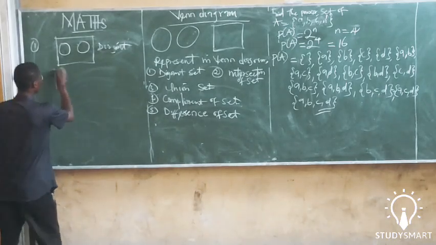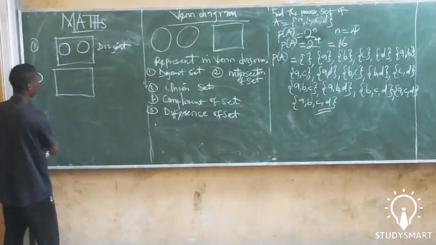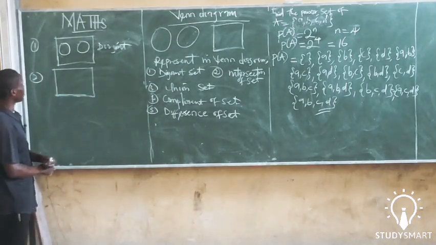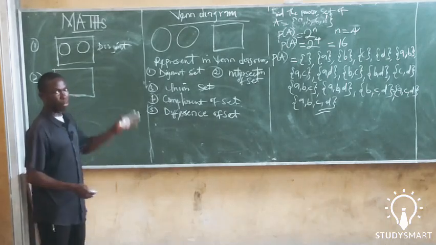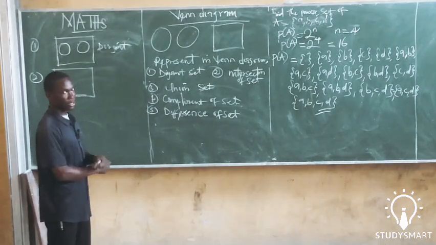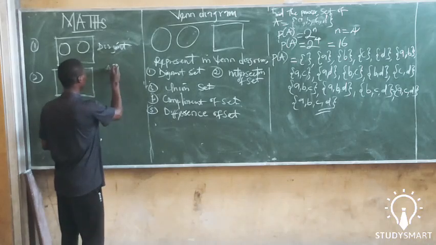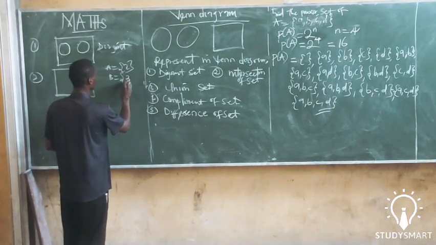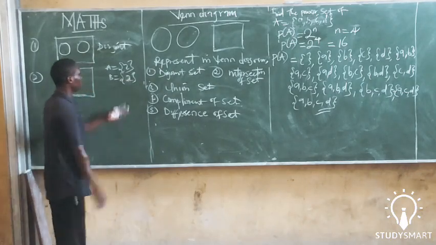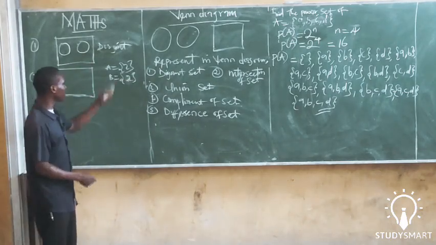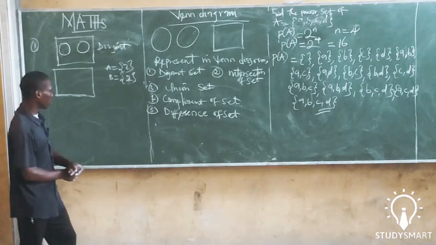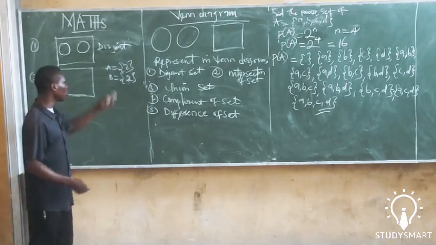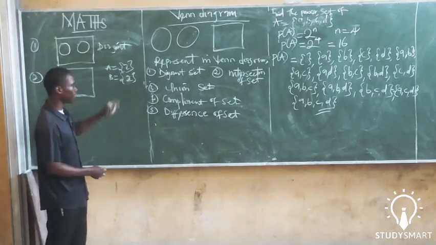Intersection of sets is the elements that are common in both set A and set B. If I have A equal to 2 and B equal to 2, this means that this is an intersection of sets because it has 2 in both sets, and 2 is common in both. I can find 2 in A and also find 2 in B.